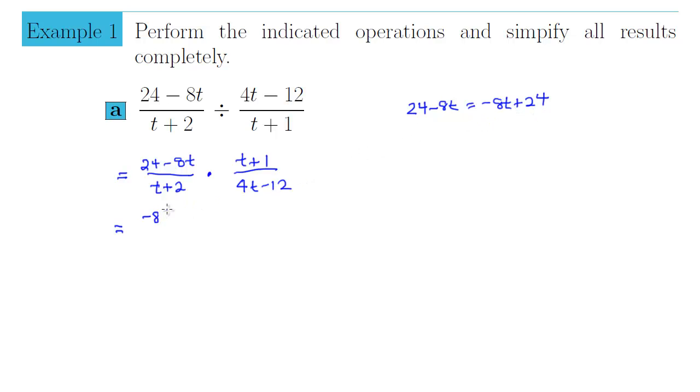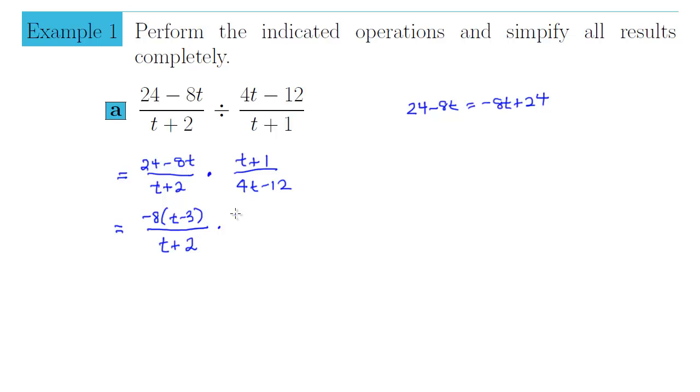And what that leaves me with is t minus 3 inside. Let's check to make sure this is factored correctly. Negative 8 times t is negative 8t. Negative 8 times negative 3 is positive 24. Good. Now the bottom is already factored as far as it can go, t plus 2.